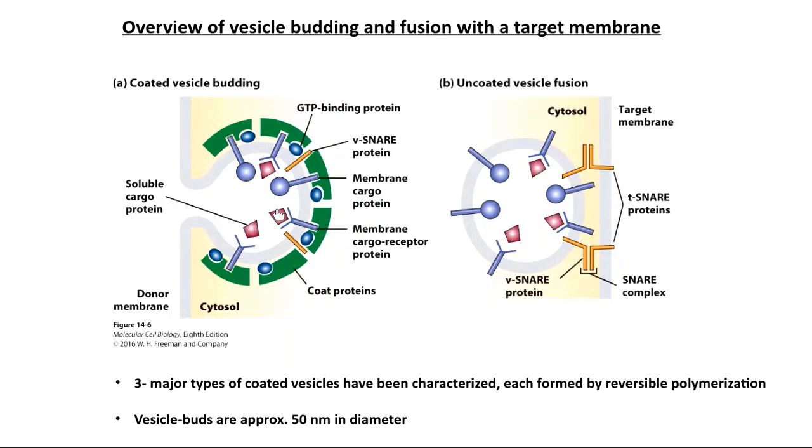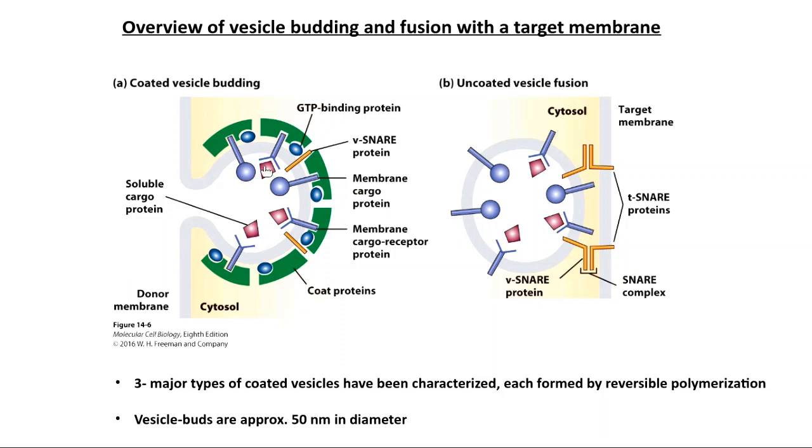Once this assembly happens and the recruitment of these proteins happens, then the pinching off of this vesicle happens so that it becomes an independent circular vesicle. Then there is no need of the coat proteins anymore, because the purpose of the coat protein polymerization was to recruit these proteins.